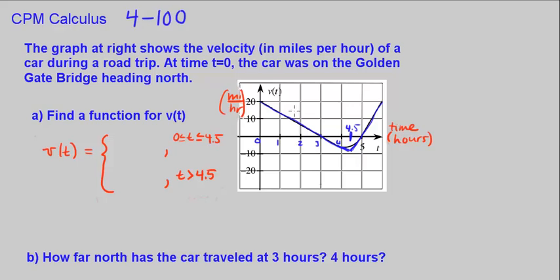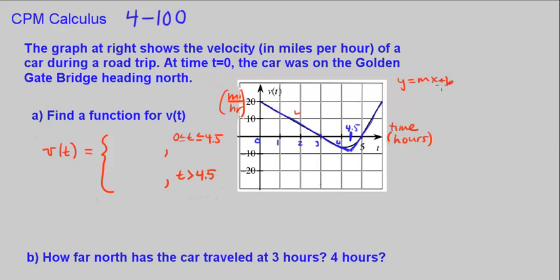Well, this line right here has a slope of, it goes down 20, if this is up 10. So it goes down 20 every time it goes right 3. So the equation is a line, so I'm going to say y equals mx plus b. The slope I'm saying is down 20, right 3. So that's the change in y over the change in x, right?